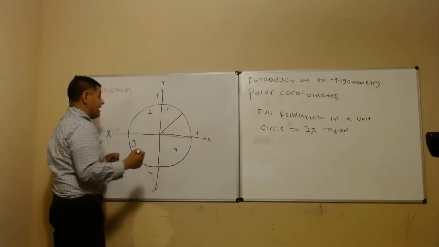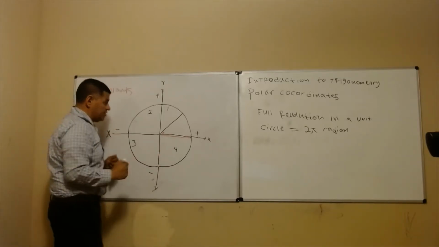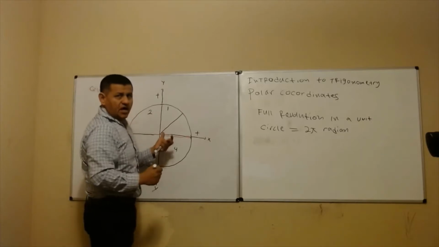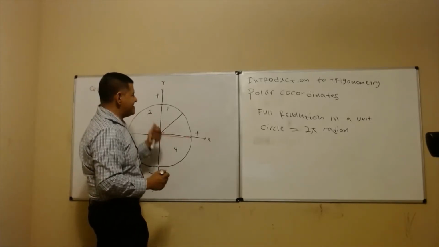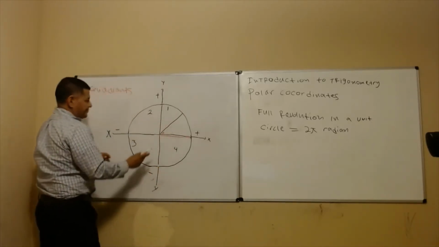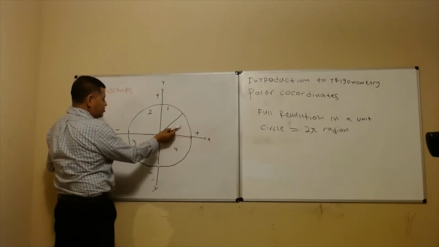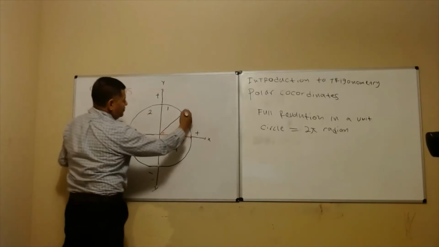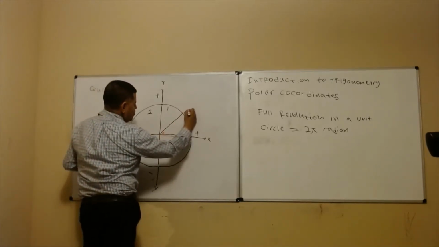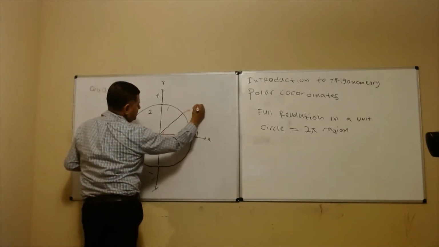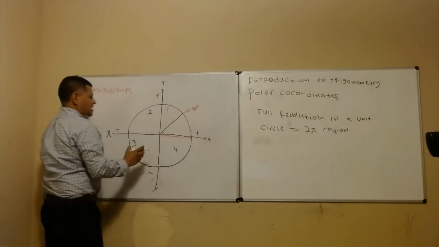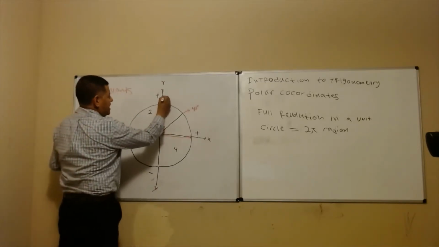So, and it is important to understand that each quadrant of the unit circle equals 90 degrees, right? So each quadrant of the unit circle is equal to 90 degrees. So therefore, this right here will be 45 degrees, right?